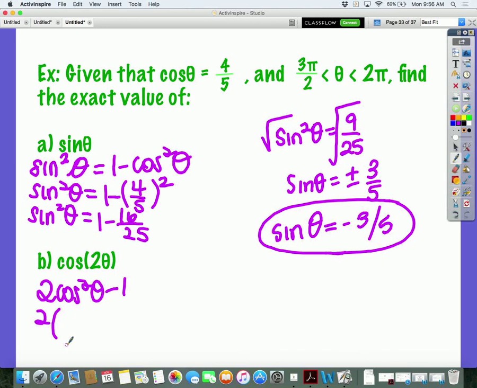Alright. So we already know cosine is 4 over 5, so we plug that in, square it, and we'll subtract 1. What do you do first? Square. So what is 4/5 squared?